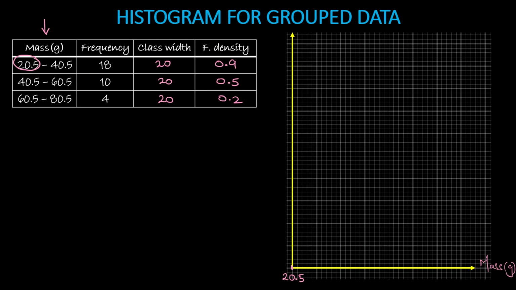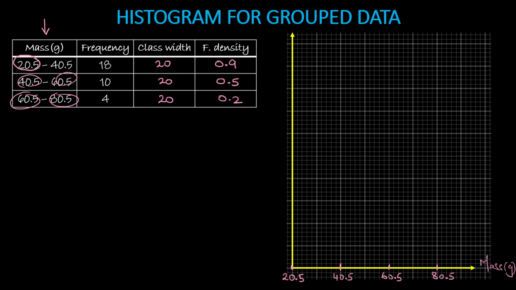I will select 2 centimeters, meaning two big squares, to represent a class width of 20. So 20.5 to 40.5, this is the first interval. Then the second interval, 40.5 to 60.5, again 2 big squares. Then the last interval, 60.5 to 80.5, again 2 centimeters or 2 big squares to represent a class width of 20 again, right? So this is it on the horizontal axis.